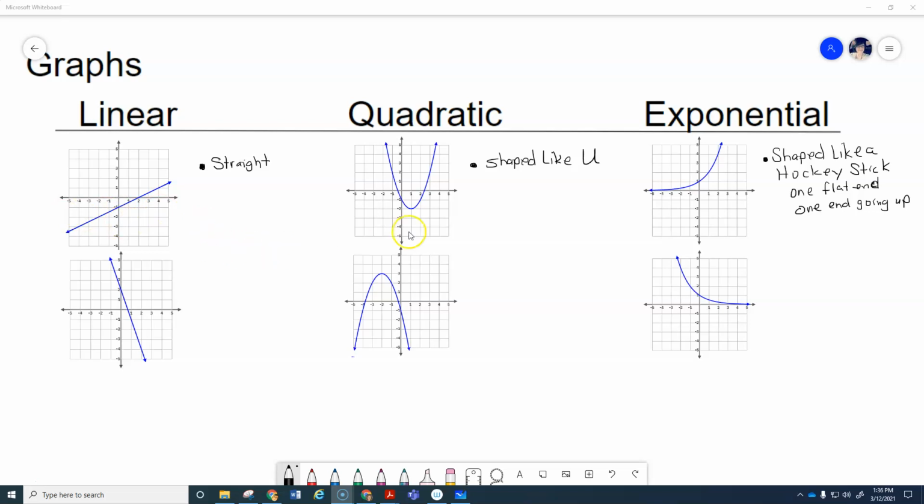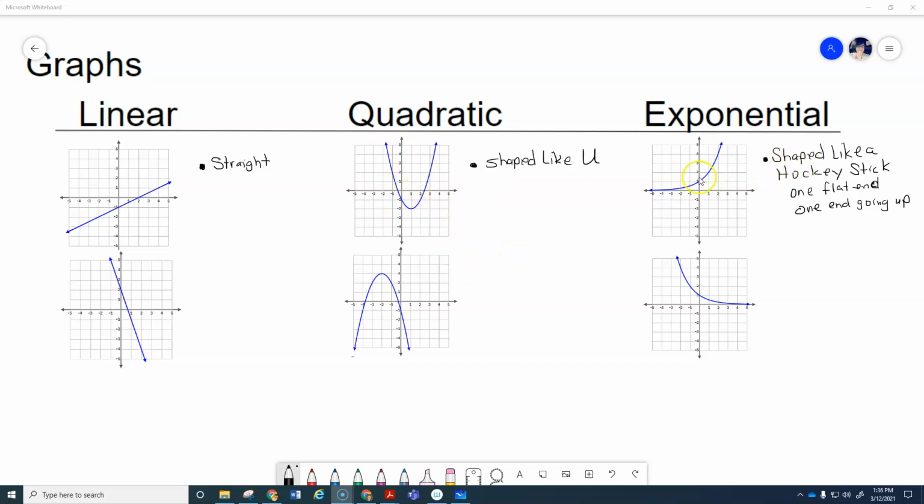So that's an easy one to describe. I often describe the quadratics as shaped like the letter U. Be sure not to use the letter V to talk about those, because if you remember back, those were absolute value graphs. But the letter U, they're shaped like that.